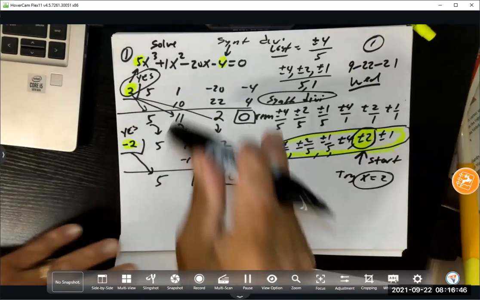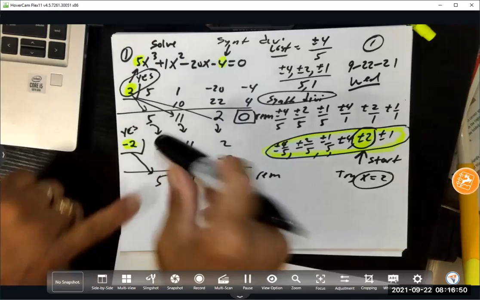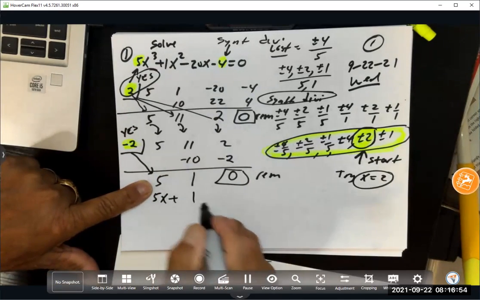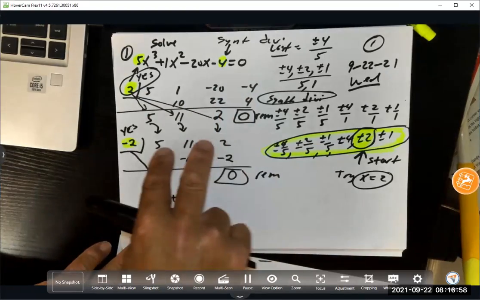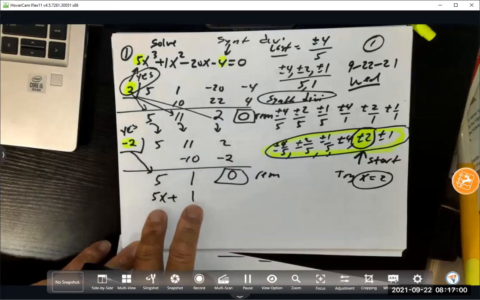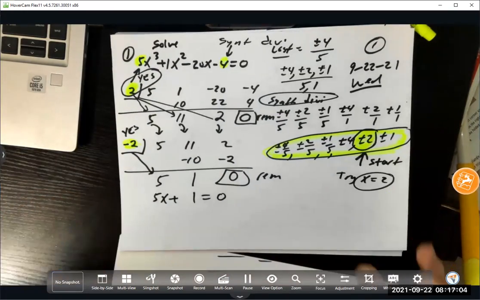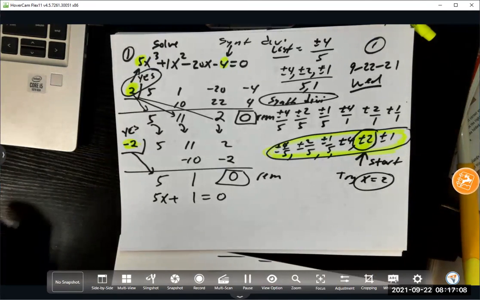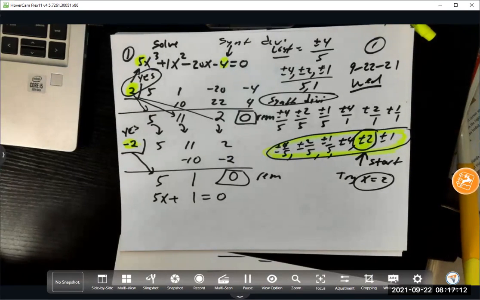It was x cubed, then it was x squared. Now this is just going to be regular 5x plus 1. Y'all see that? It was x cubed right here, then x squared right here. Now it's just regular x. So now the last question is this. Can I solve 5x plus 1 equals 0? How do you solve 5x plus 1 equals 0?